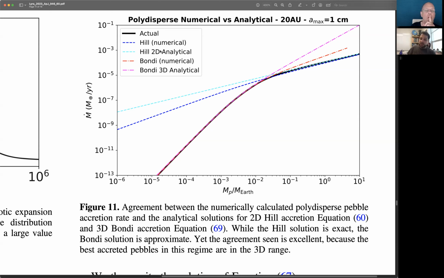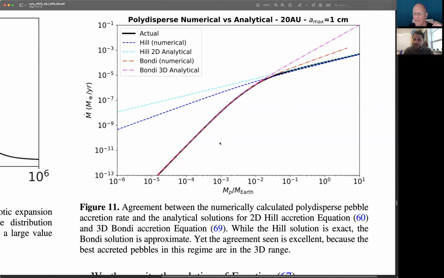And then the 3D would be in Bondi. The 3D is when either the pebbles are so small that they are lofted everywhere in the disk, or the protoplanet itself is so small that it is embedded in the pebble distribution. In that case, you are in the low mass regime, so the appropriate regime for that is the Bondi regime.